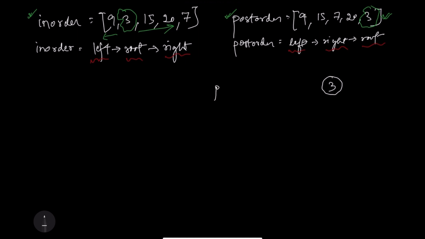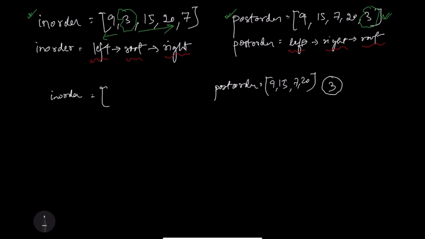So our new postorder will be, for the iteration, 9, 15, 7, 20. Now we will populate our right subtree first.